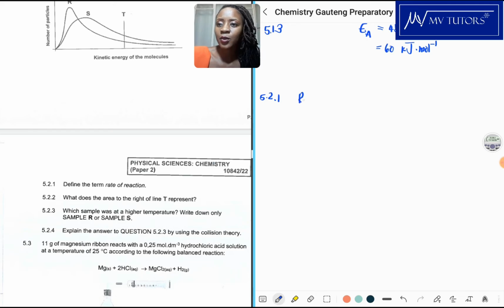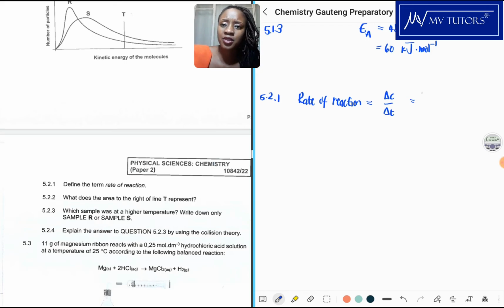So guys, I always say this, if you forget the definition, go to the formula, which you will get in your formula sheet, or some of the formulas are very easy. They don't actually give it to you, they expect you to know it. But the rate of reaction, basically, is the change of concentration of your products or reactants over time, change in time, or the change in the number of moles, or the change in volume.